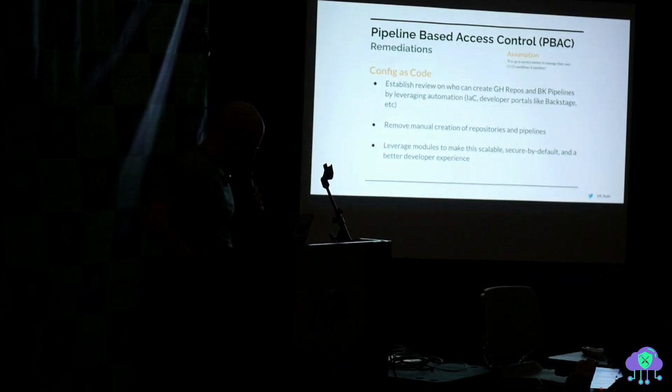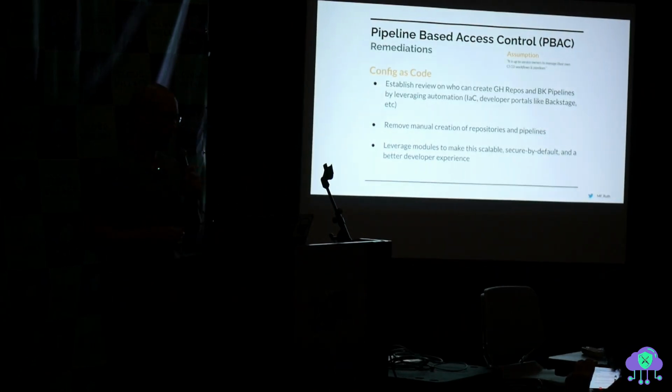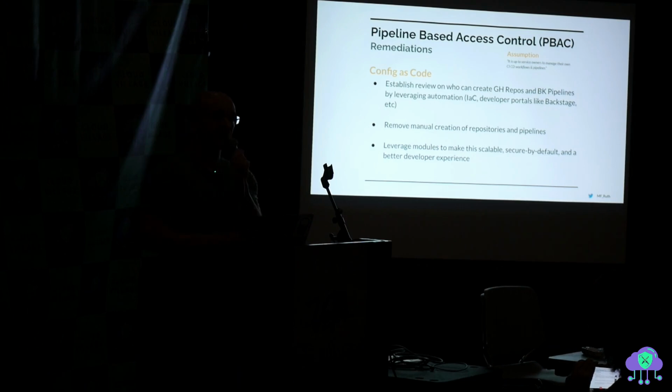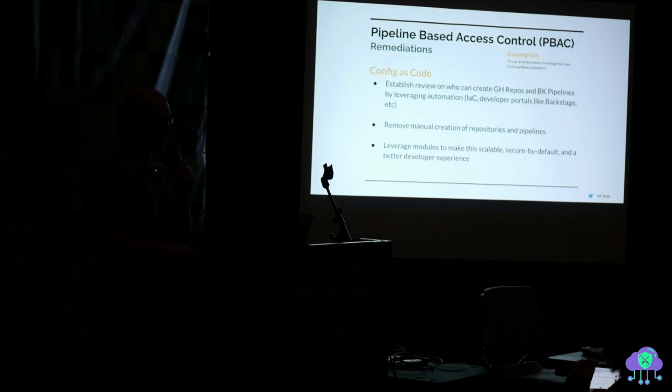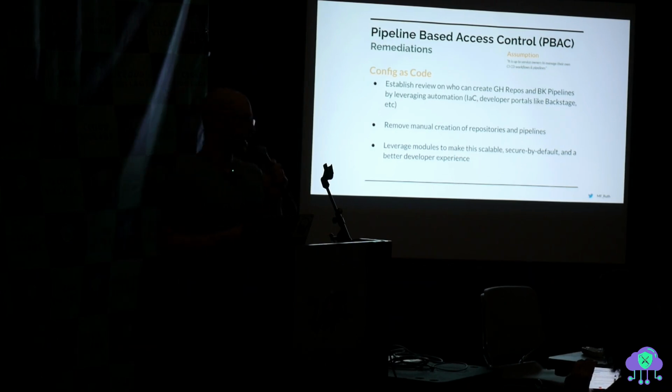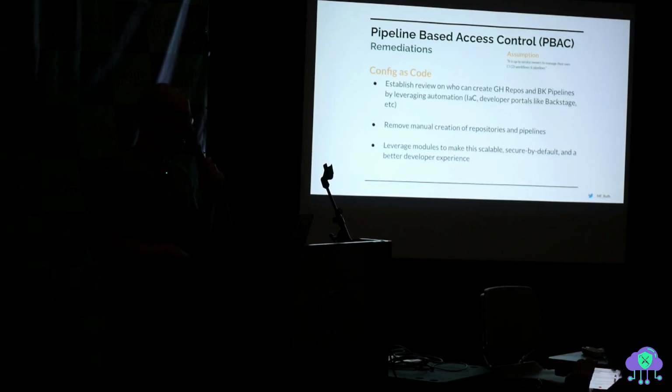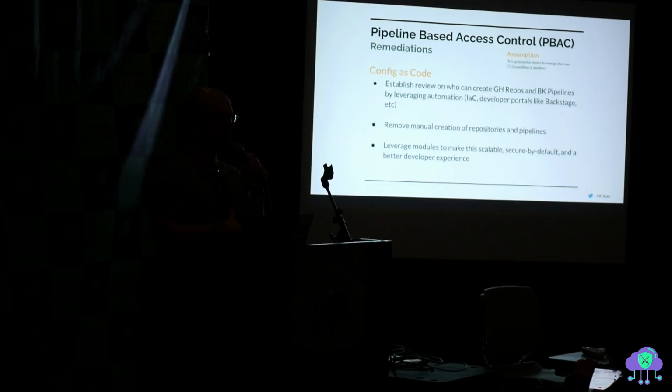So there are a couple of suggestions that I have, and to start, it's really starting with a basic one, and we can see that there are the assumptions that we made a couple slides ago, they kind of correlate to some of the mitigations and suggestions that we have here. So this one is about config as code. Really, whether you use IaC, infrastructure as code itself, or you use a developer portal, something like Backstage if you have that in your environment, whatever it is, removing the manual creation step and having some sort of check is good, right?